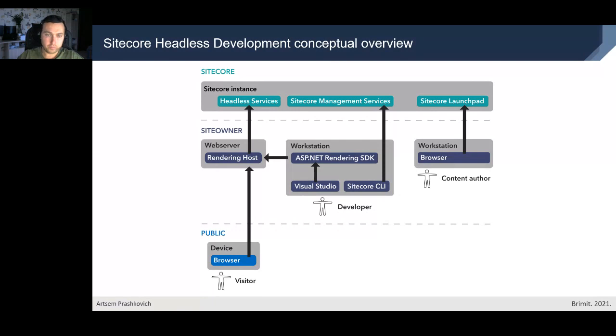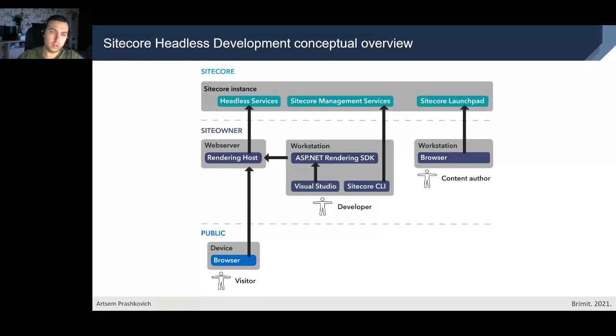On the current diagram, you can also see the workstation, which represents a development laptop, a development workstation. We can see that the developer still uses Visual Studio. There's nothing new.